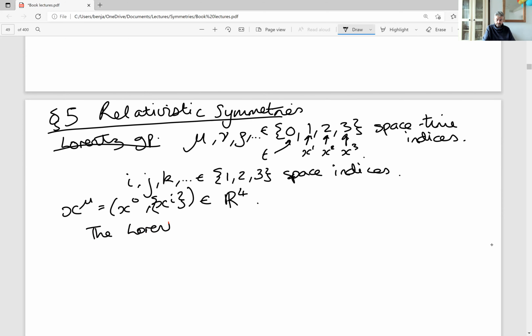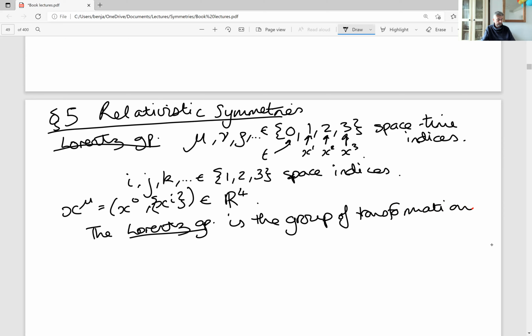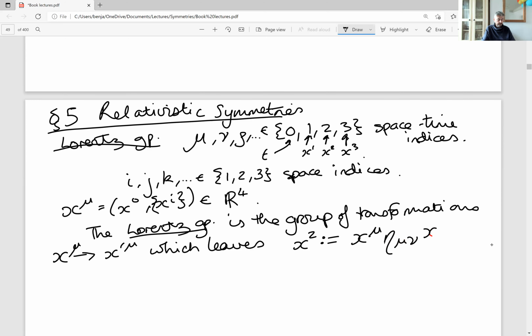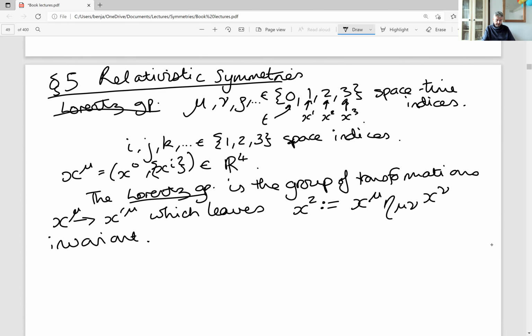The Lorentz group is the group of transformations where we transform x into x prime mu, which leaves x squared invariant, and I'm going to define x squared to be x^mu eta_mu nu x^nu. So eta_mu nu is this so-called flat space-time Minkowski metric.